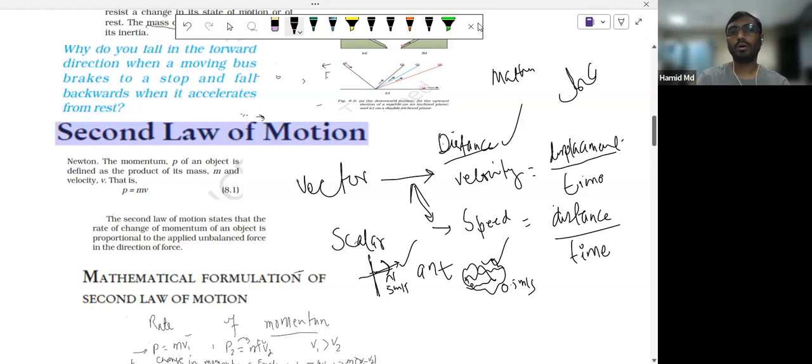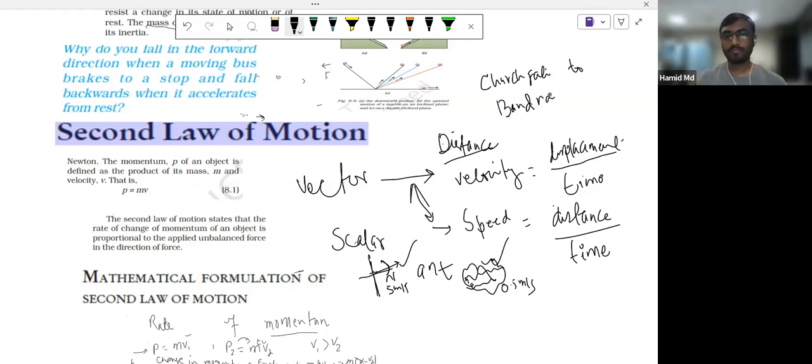Okay, so Rumaiza, I will give you an example that we are going from Church Gate to Bandra.